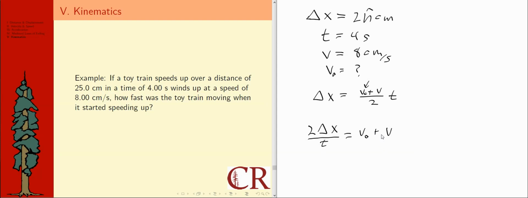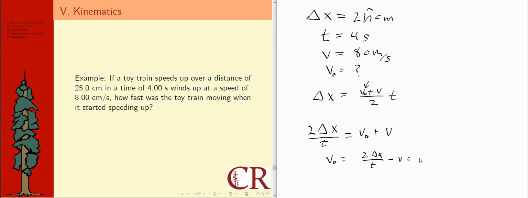In math classes, typically the thing we're isolating is the only thing that's not a number, whereas in this more formal methodology, that's not true. So you have to have some way of mentally being clear which thing you're trying to isolate. I think if I subtract v on both sides, I will get that v naught is equal to 2 delta x over t minus v.